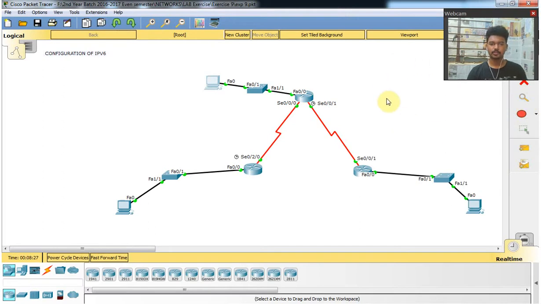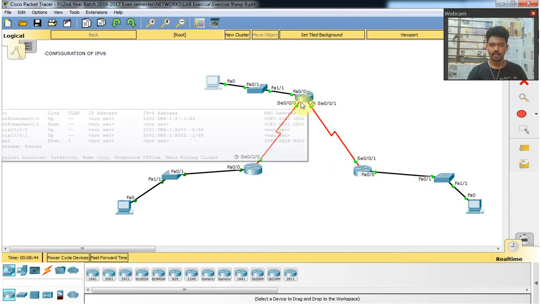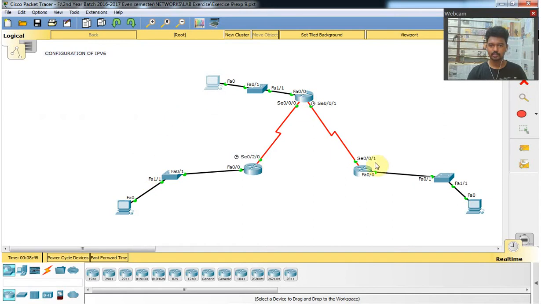I'm using Cisco Packet Tracer to demonstrate the configuration of IPv6. Over here you can see I already have set up a topology in Packet Tracer. In this topology there are 3 routers, 3 end devices and 3 switches.